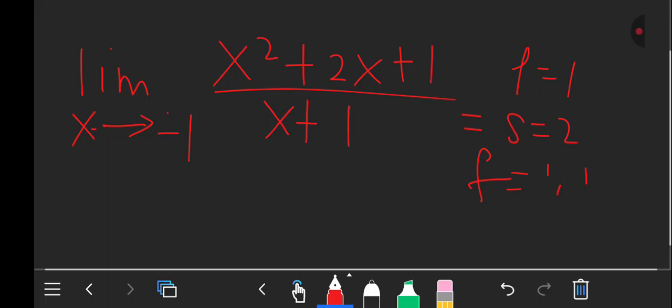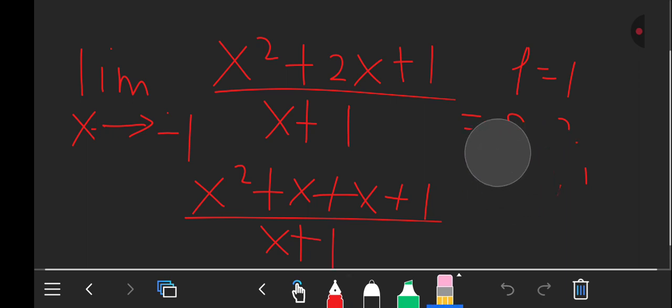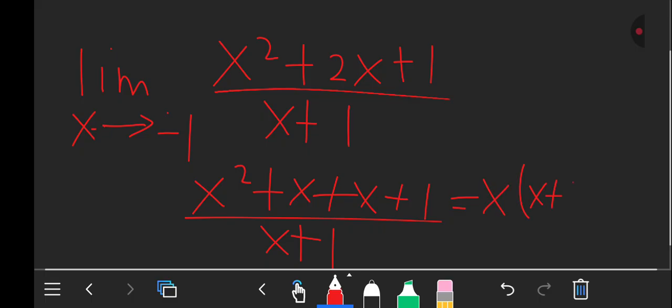Those are the factors, 1, 1. Then you do the factorization, so it will be x squared plus x plus 1, then over x plus 1. Then at this point you can factorize this in pairs. You can say x, then x plus 1, then again plus 1, then x plus 1.